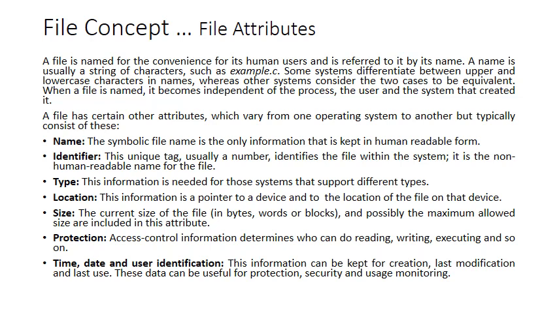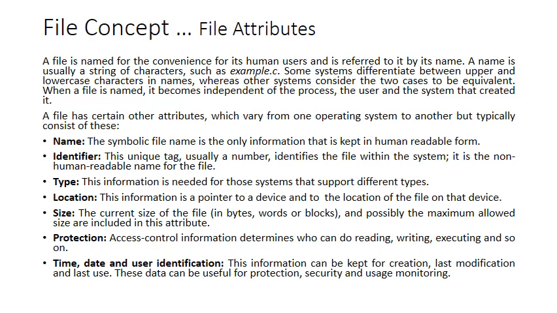Some systems differentiate between upper and lowercase characters in the names of the files, whereas other systems consider both cases to be equivalent. So when a file is named, it becomes independent of the process, the user, and the system that created it.